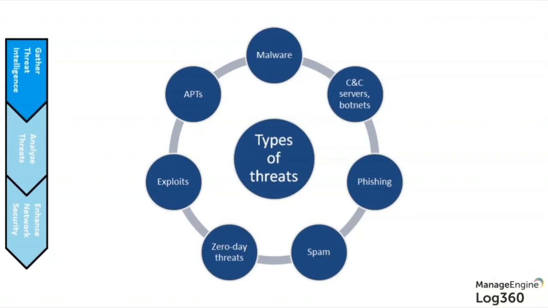Okay, and next you have CNC servers, that is command and control servers, and botnets. So you have information about them as well. So if you don't know, I will just quickly explain what those are. There are these servers known as command and control servers, which are able to infect systems around the world.